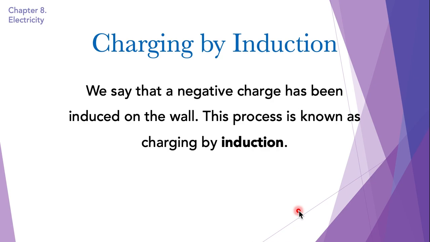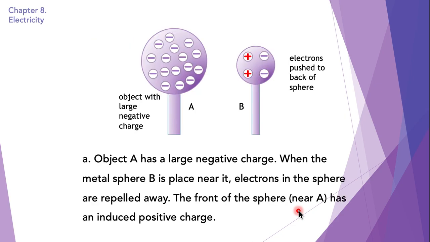We can use charging by induction to charge a metal object. So let's look at how we do that. We start with two objects, object A and object B. You can see object A with a large negative charge and an uncharged metal sphere B on an insulating stand. Object B is neutral, it is uncharged.